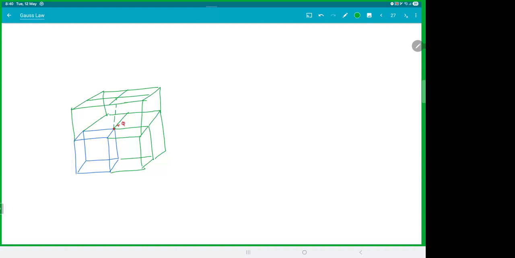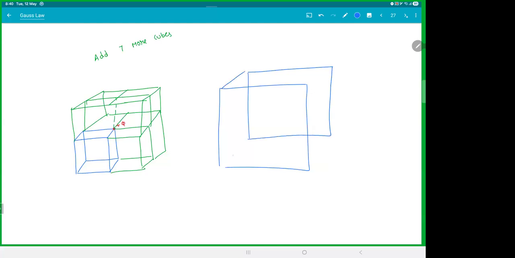Able to visualize this? So a total of 8 cubes. If you add 7 more cubes, this whole thing will look like a big cube of side 2A, and your cube was here, and the charge was in this corner.